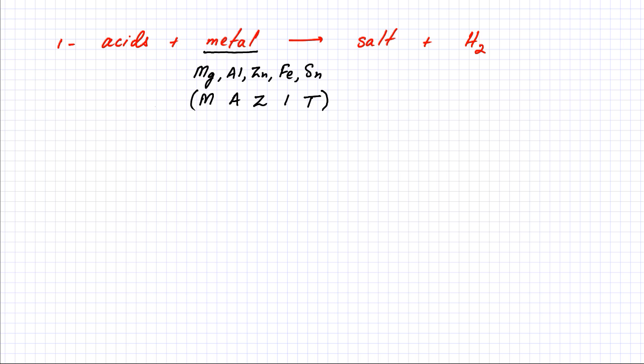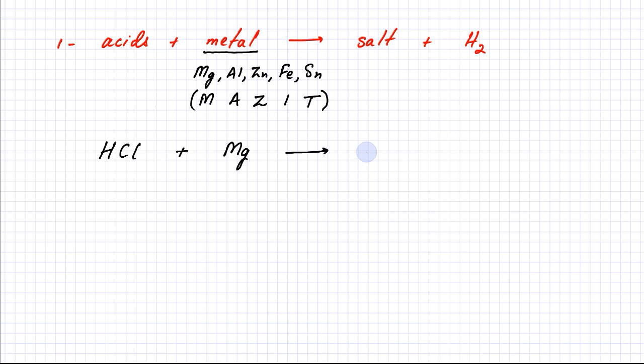Now we're going to do the first reaction. I'm going to give you an example before moving on to carboxylic acids. Let's do a normal acid reaction. For example, I have HCl, which is hydrochloric acid, and I'm going to react HCl with a metal, let's take magnesium, which is in group 2. Previously I told you how to make a salt.